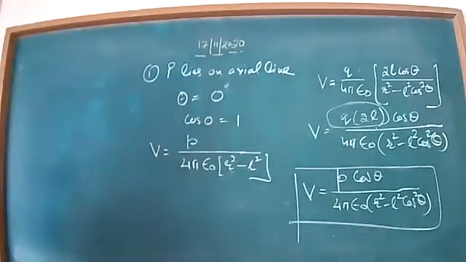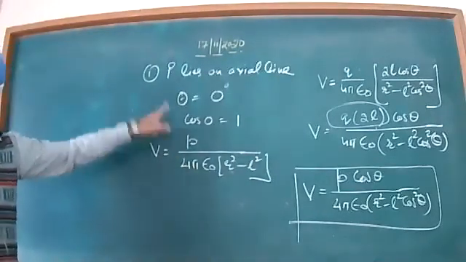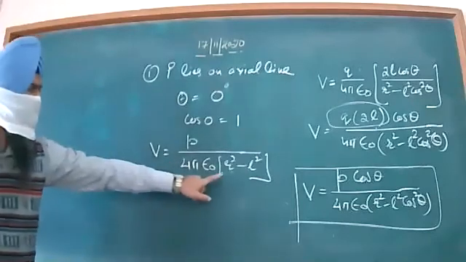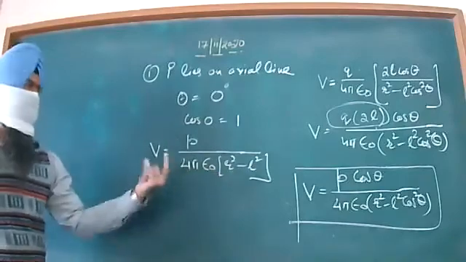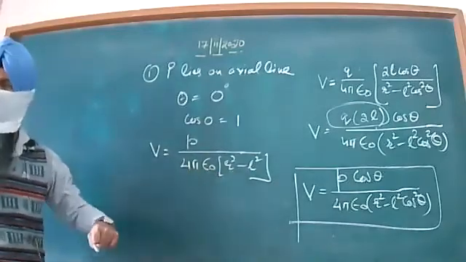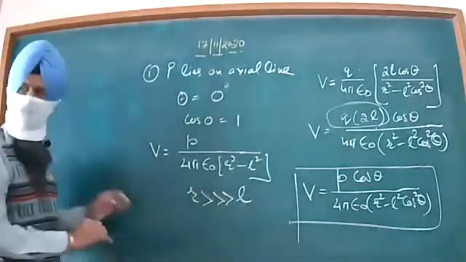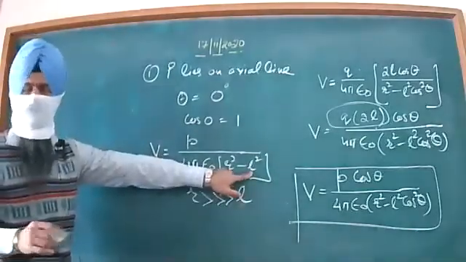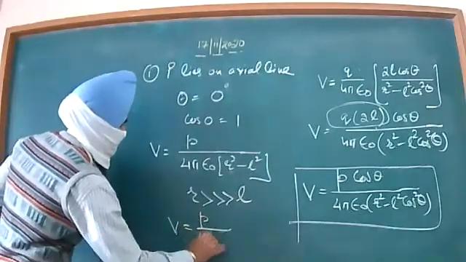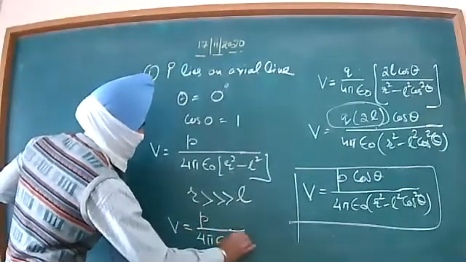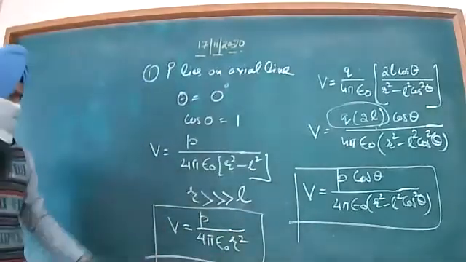Clear? Dear, again, sub-special case of this special case. If the observation point is at a very large distance in comparison to the size of the dipole, or r is far more than L, we can neglect this L square then. And your V will be P upon 4 pi epsilon naught r square. Now see the difference here.